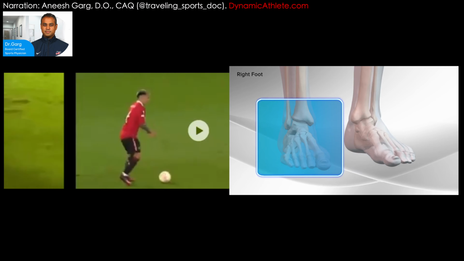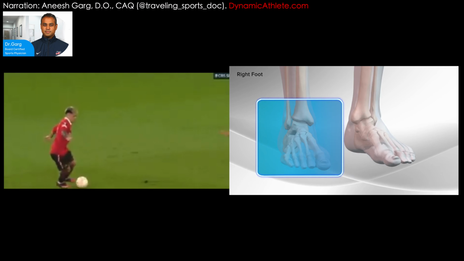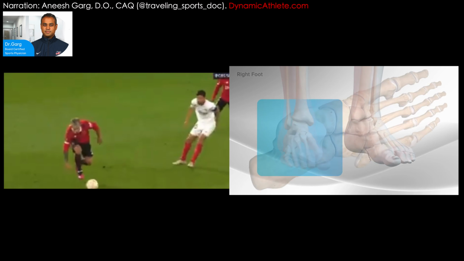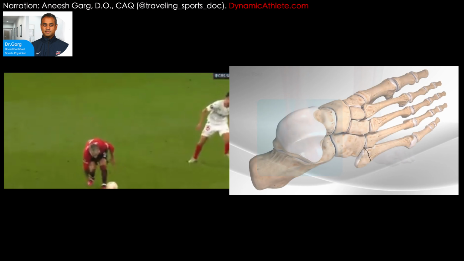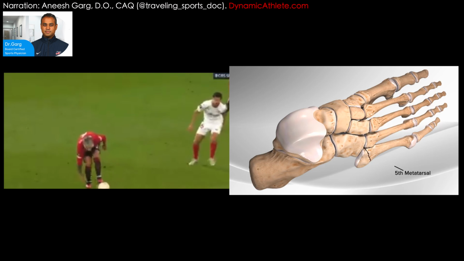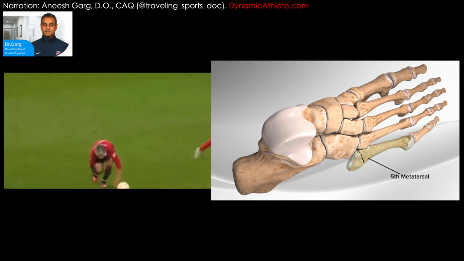If we look at this angle here, again we'll see him plant and he looks fine. And then in mid-air, he's reaching for his foot. It's important to note where he's reaching, because that can often tell you where the injury has occurred. He's reaching for the outside of the foot. And if you're worried about the Achilles, you'd be reaching for the backside or the heel.